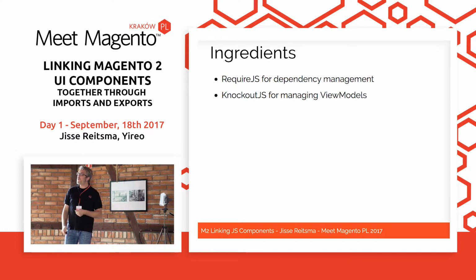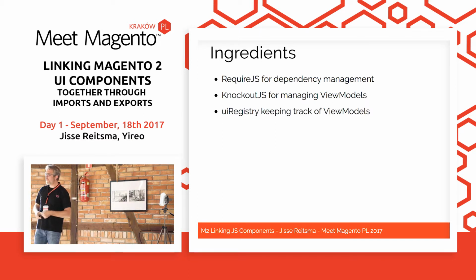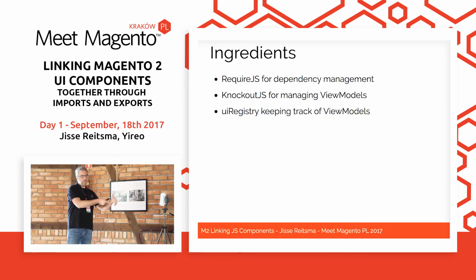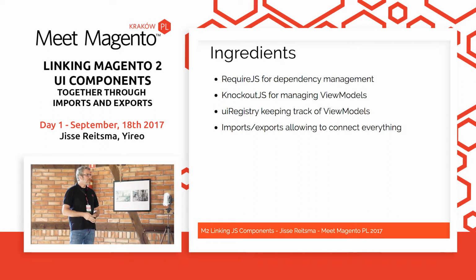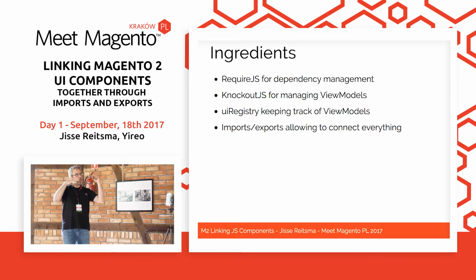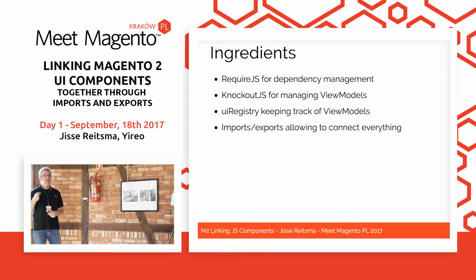And Knockout is allowing me to do so by turning a JavaScript component into a so-called view model. Now, view models might be all over the place, so we have this other thing called the uiRegistry to keep track of which view model is bound to which part of the DOM. And then importing and exporting allows you to make cross-references from all of those view models and components from one to the other.